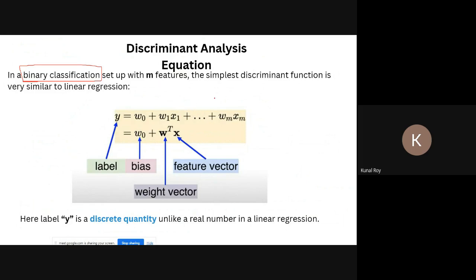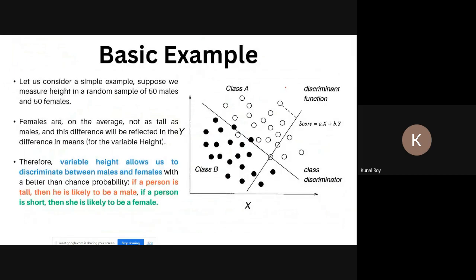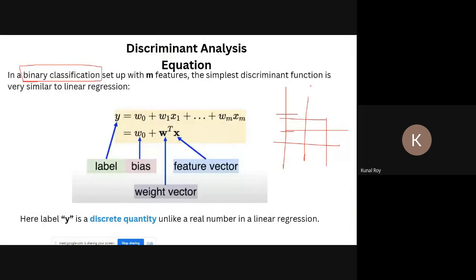Binary classification is nothing but classifying each and every group into some parts or into some features. Those features can be anything. Using the same height example I have explained, there is a feature that is tall, a feature that is short, and a feature that is average height.